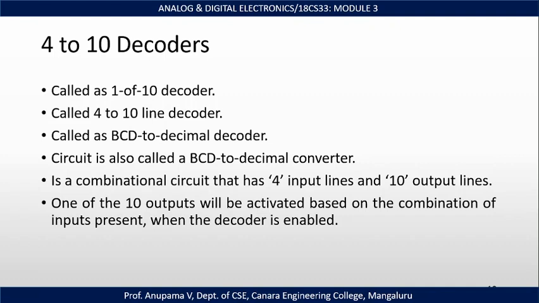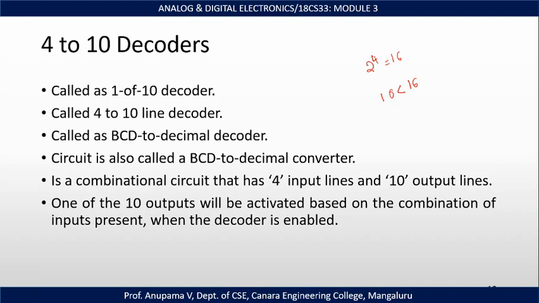Here 4 is the n value and 10 is the 2 to the power n value. According to the definition, 2 to the power 4 is nothing but 16, and 10 is less than 16. So we can have a 4 to 10 decoder.